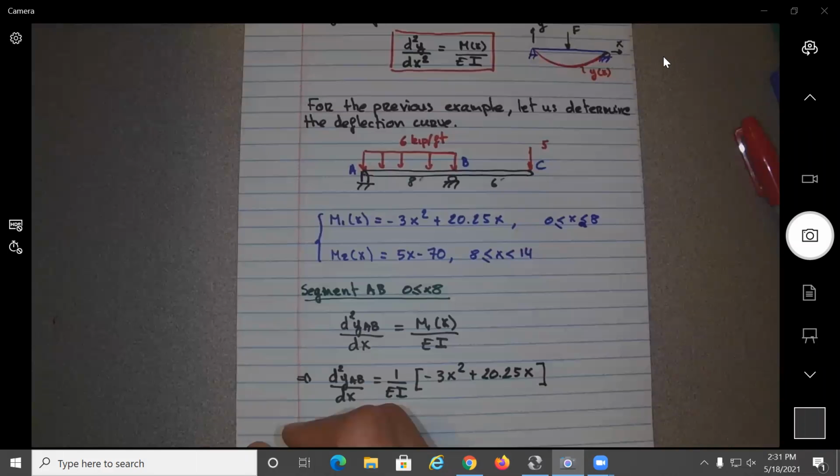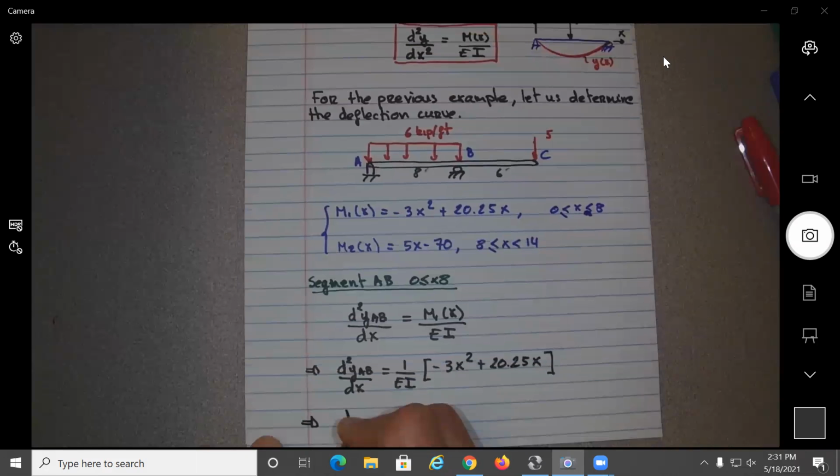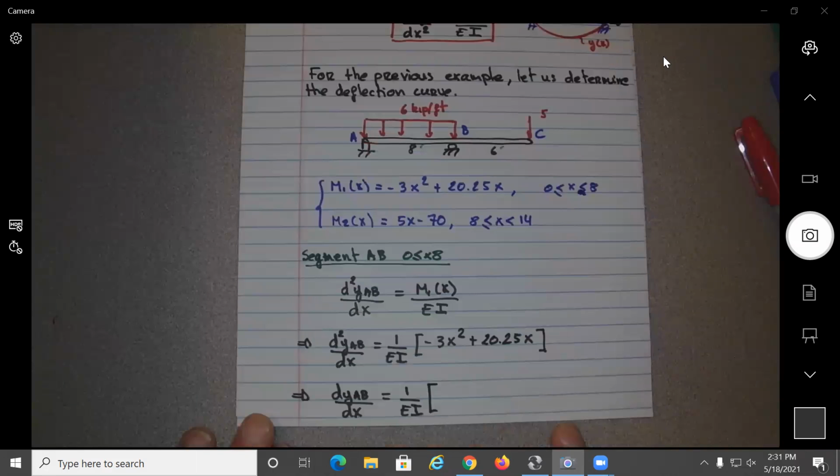So if we integrate once, what are you going to get? 1 over EI times what? Minus 3x cubed divided by 3, no?